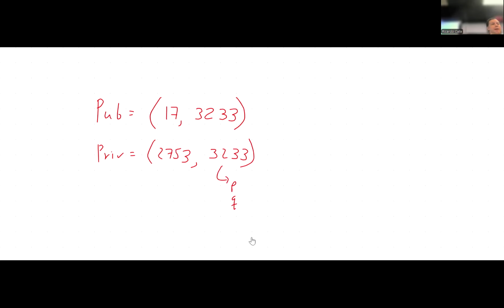Now I might give you a message to encrypt. So assuming that the plain text message number is 65, so M equals 65, that's your plain text message. Calculate the cipher. So what is C?